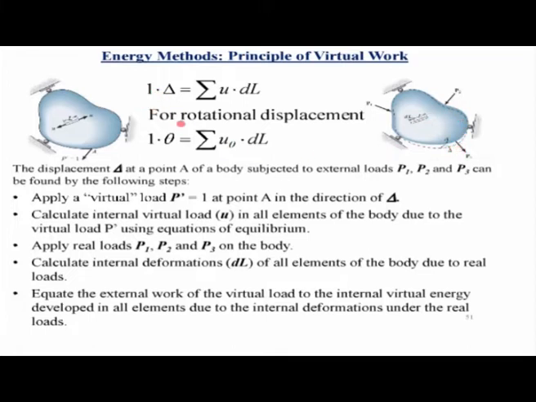So the virtual load which is already there will also undergo a deformation which is delta due to the application of these three external loads. So the work done by the virtual load due to the deformation that is caused by the external loads at point A in this direction is delta. So the virtual work done is 1 times delta.